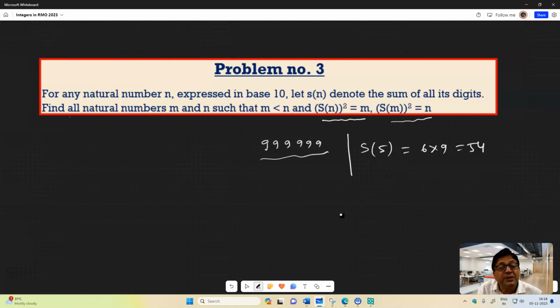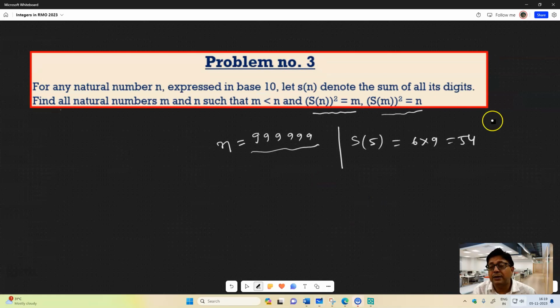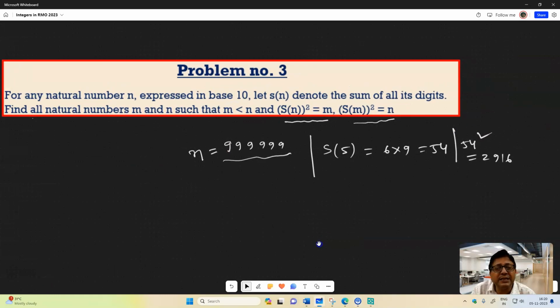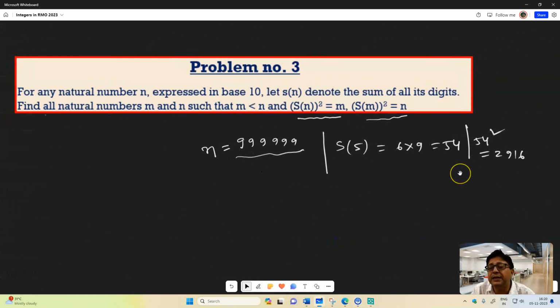But 54 square is what? Suppose you have taken this one as m or n, whatever. n you have taken this one. Now you have taken Sn equal to 54. What is the value of 54 square? 54 square, if you just substitute, 2916. If you have taken n equal to this thing, then Sn is 54 and m is going to be equal to 2916. But see the condition.